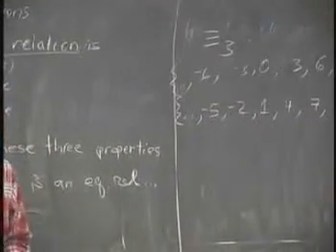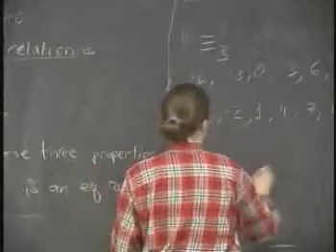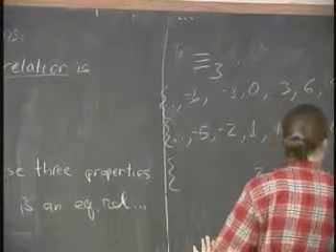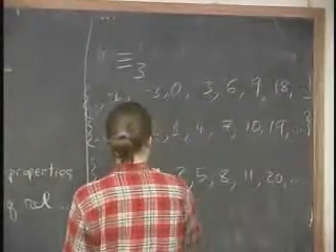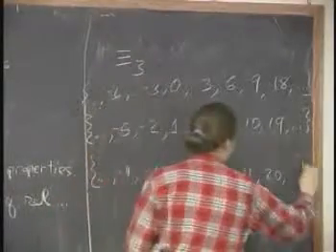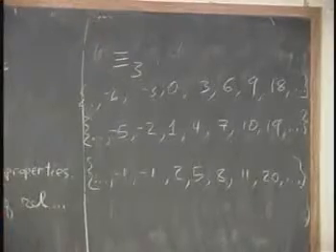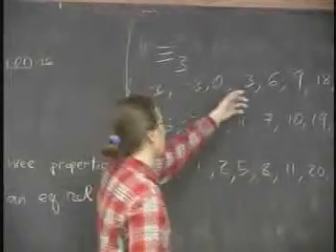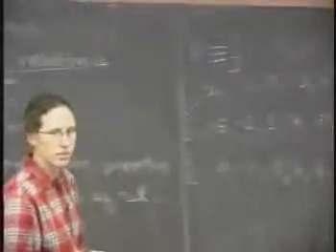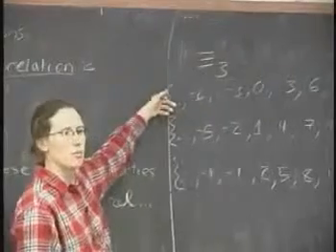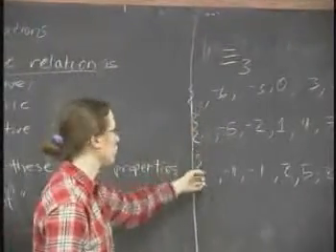If I look at all the things equivalent to 2, I get this. Now if I look at all the things equivalent to 3, I'm going to land back up here again, because I'm going to get 3, 6, 9, etc. So this is kind of nice. In fact, I've divided up the integers into the ones that are equivalent to 0 mod 3, equivalent to 1 mod 3, and equivalent to 2 mod 3.